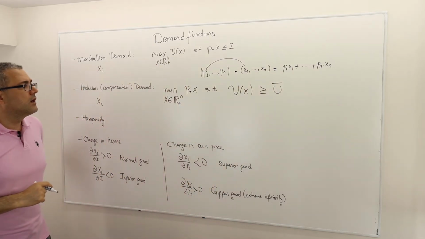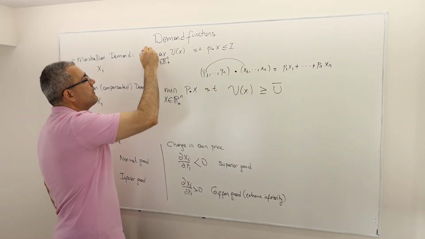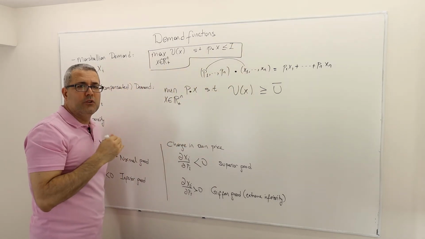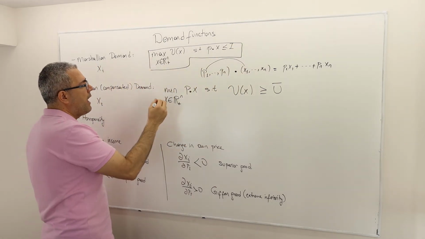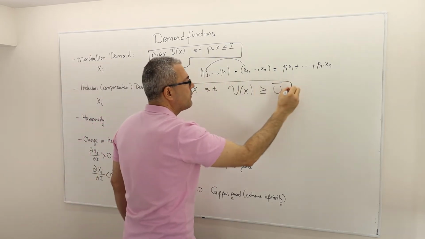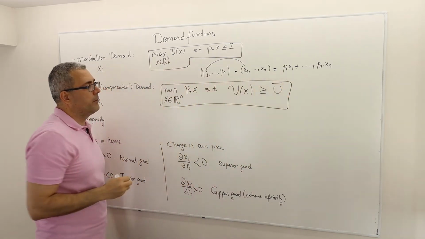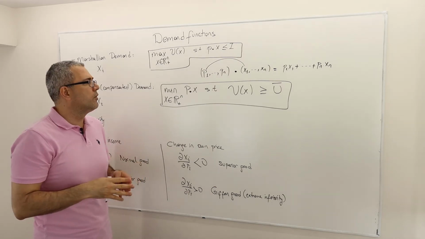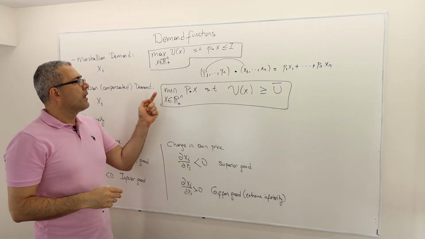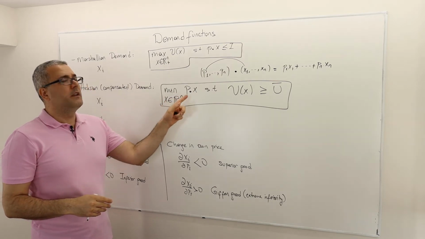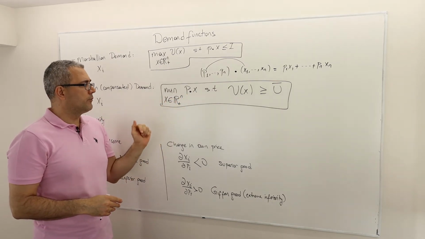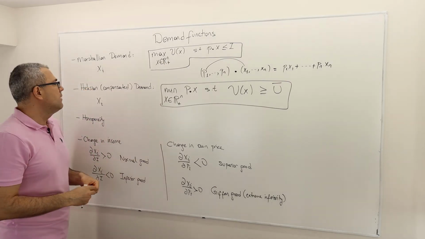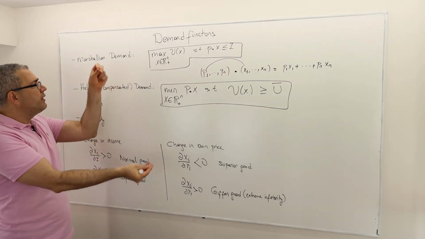So the Marshallian demand comes from the standard utility maximization problem, and the Hicksian demand comes from the cost minimization problem, or the expenditure minimization problem, which is not standard; most of you don't learn it at this level of course. Well, two different approaches.